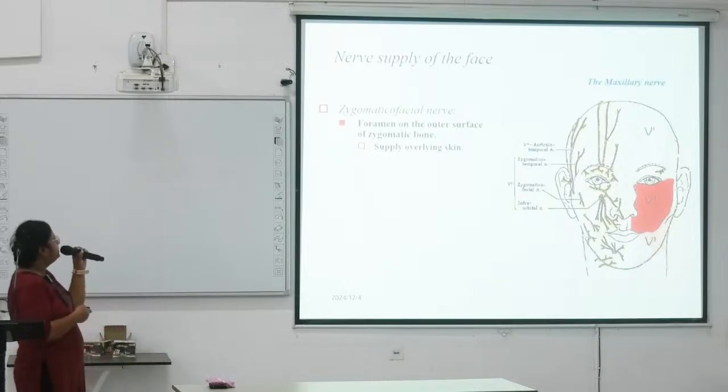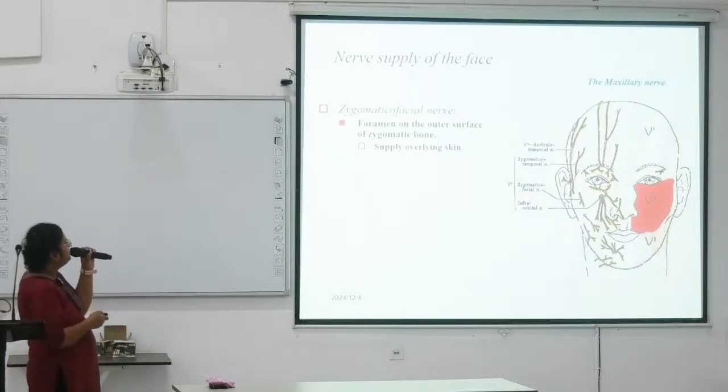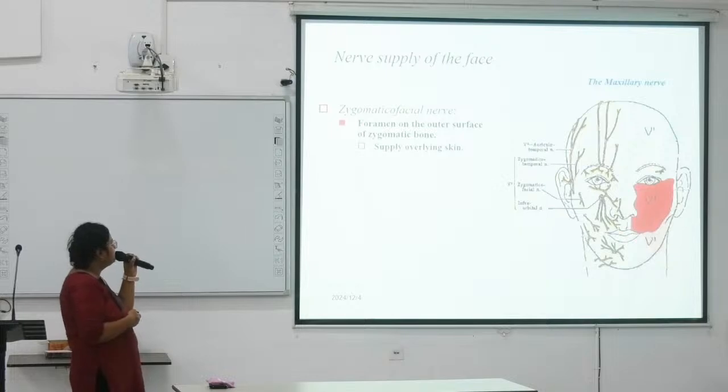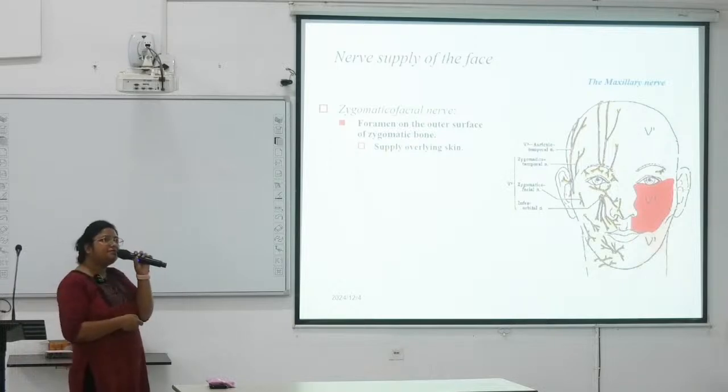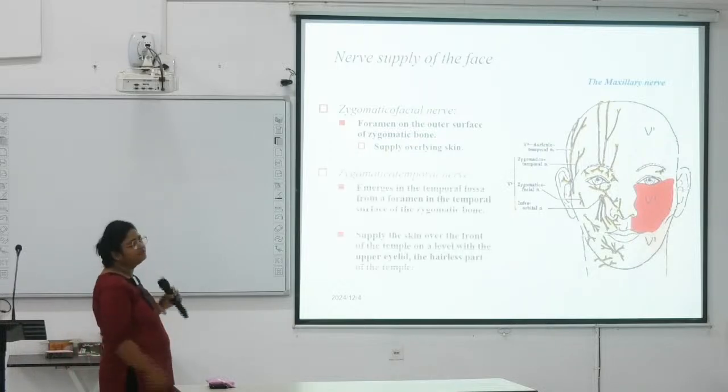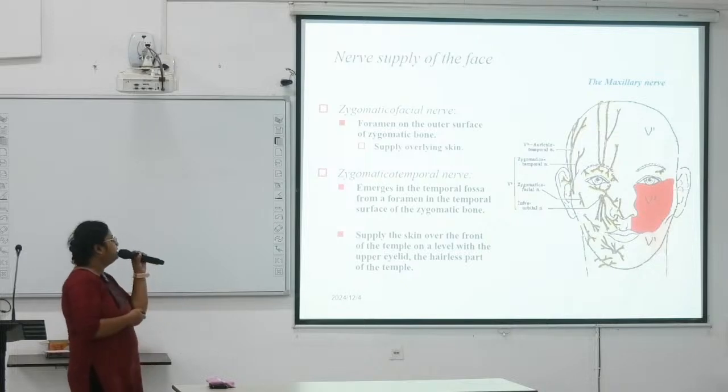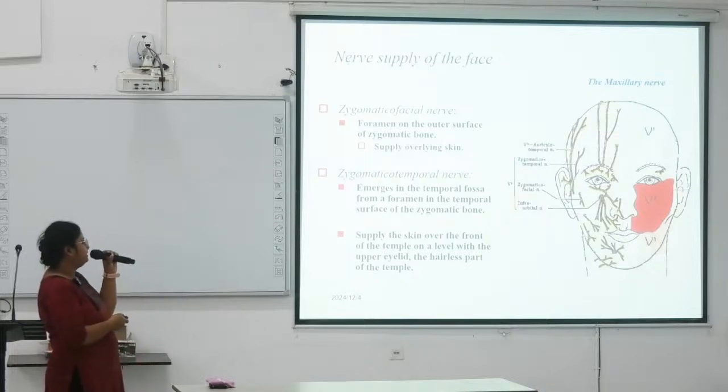Next is the zygomaticofacial, from the foramen on the outer surface of the zygomatic bone, and it supplies the overlying skin of the cheek mainly. Next is the zygomaticotemporal.